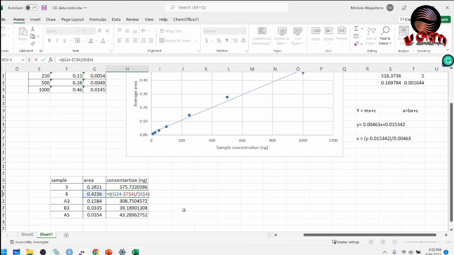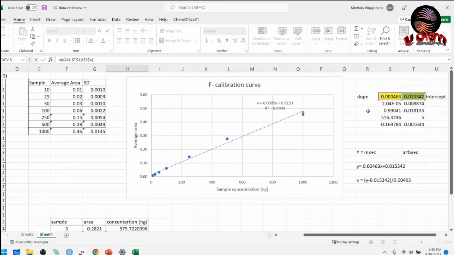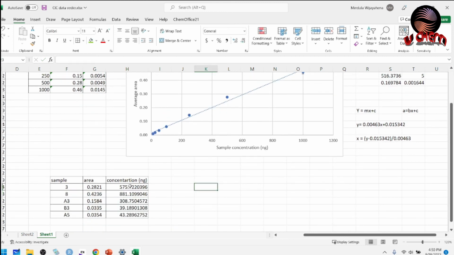Then you get the corresponding equation by selecting everything. See? Like that. In this scenario, I don't need the decimals, so remove those. See, these are the values for my unknowns. So I have this much of fluoride in this sample and this much of fluoride in this sample.